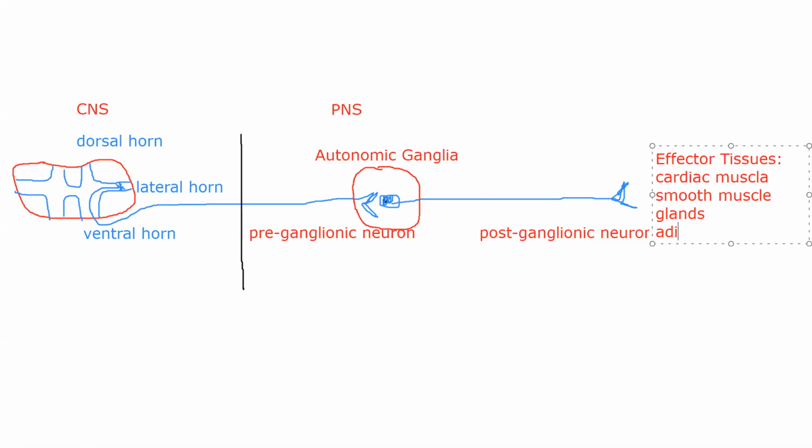And then we have some adipose tissue as well, so fat tissue. So these are the examples of where we see these autonomic fibers synapsing and innervating these types of tissues, okay?